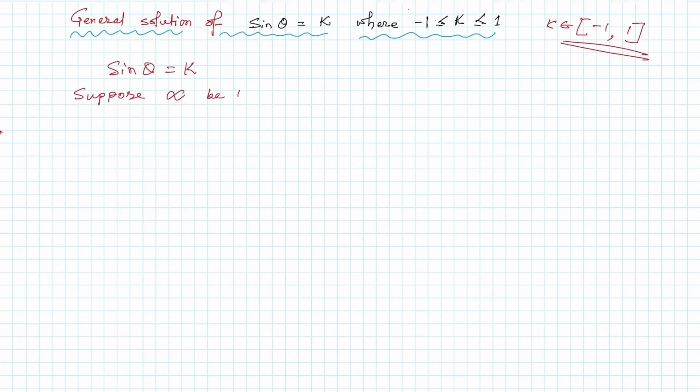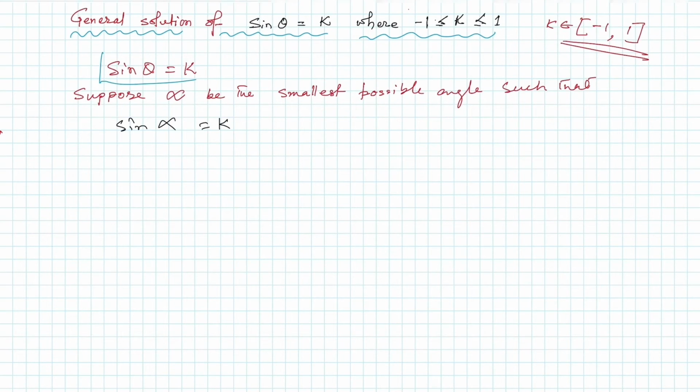Suppose alpha is the smallest possible angle such that sine alpha is equal to k.